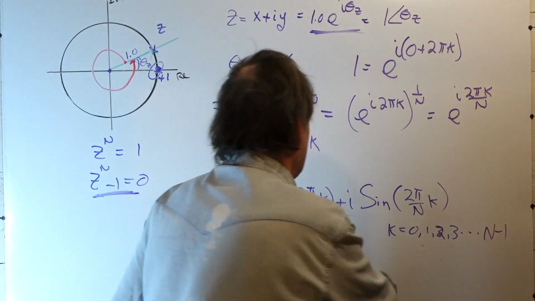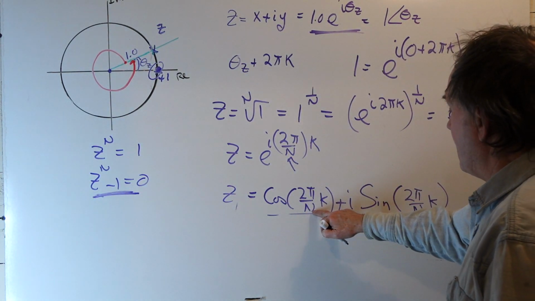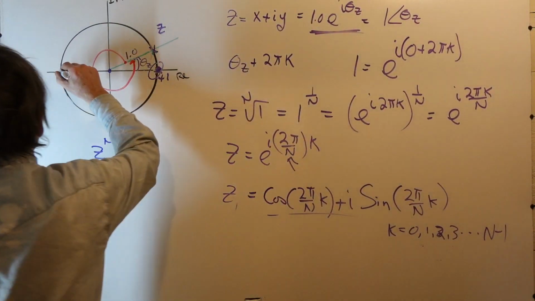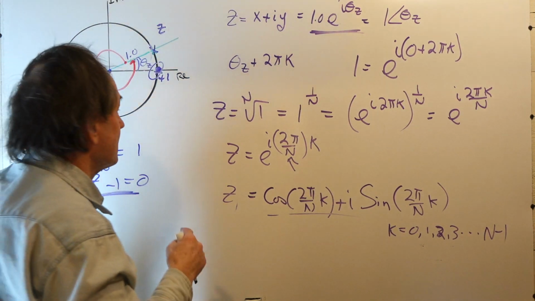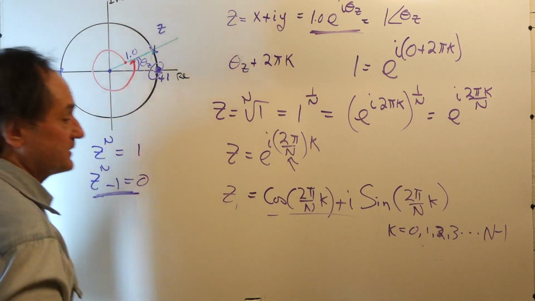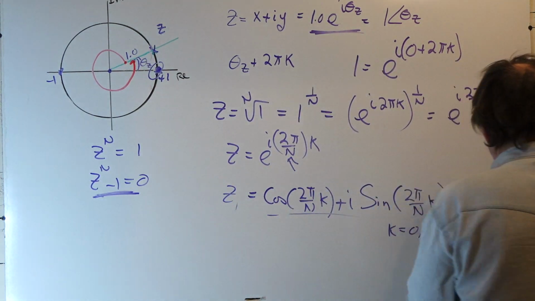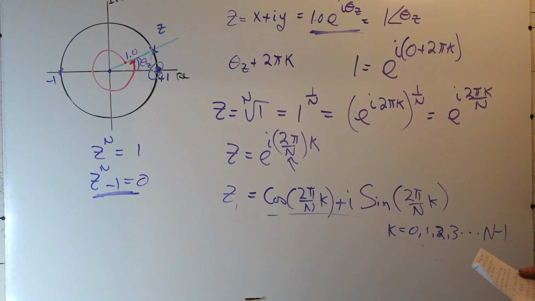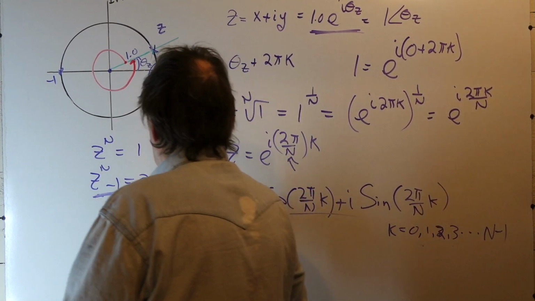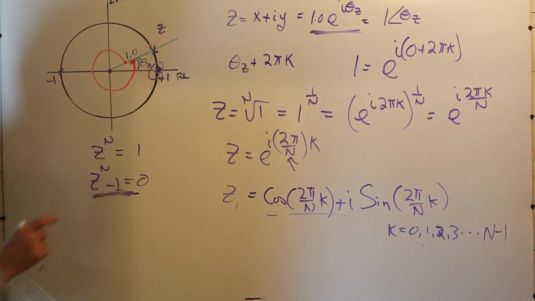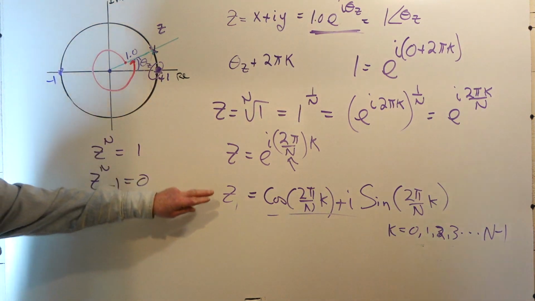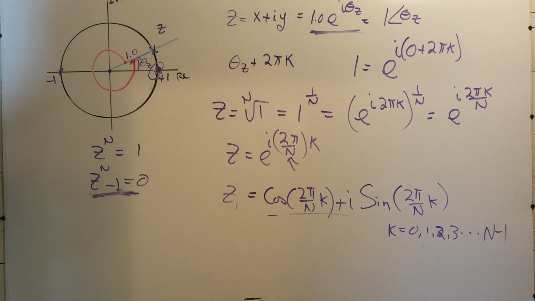Now, depending upon whether n is even or odd will determine whether or not we pick up the root at minus 1. If n is even, we pick up the root at minus 1. If n is odd, we only have plus 1 as the real root. Now remember that in this sort of equation, since we have real coefficients in the equation, any complex roots of unity must occur in complex conjugate pairs.